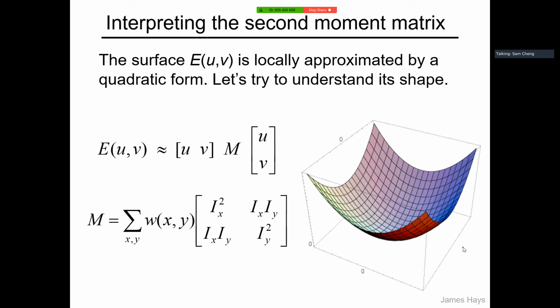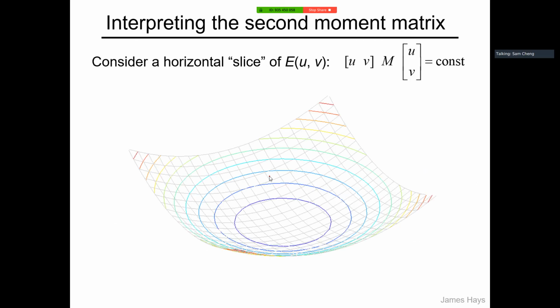Now from M, we need to determine what shape we have. If you think of that, this is really a second order approximation, as I mentioned, and I can draw this level set here. It's called a level set. I never know what to call this thing.